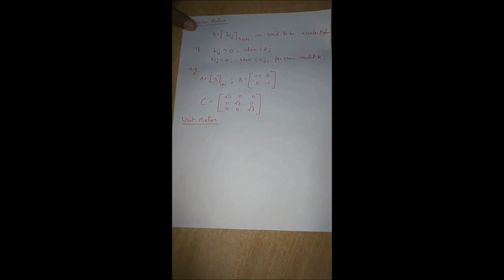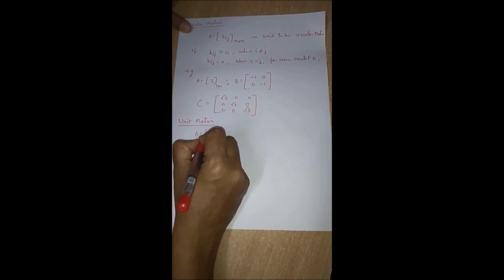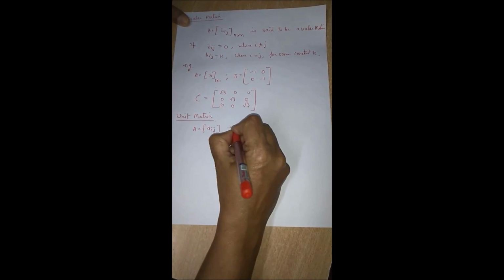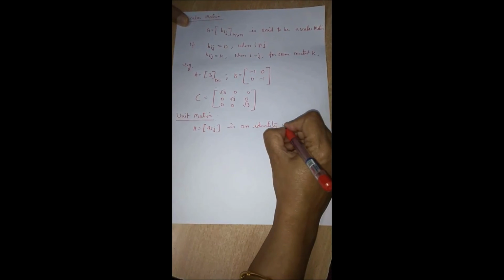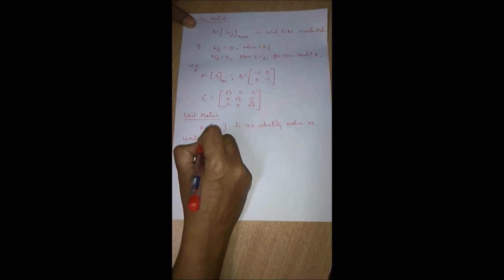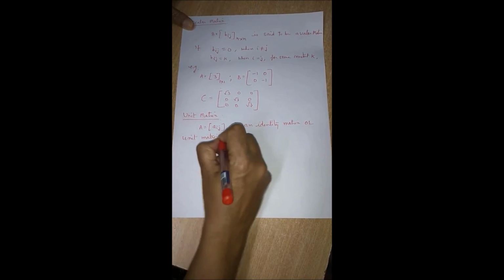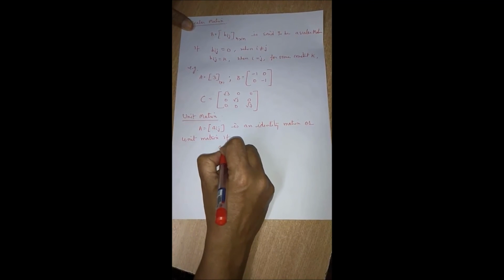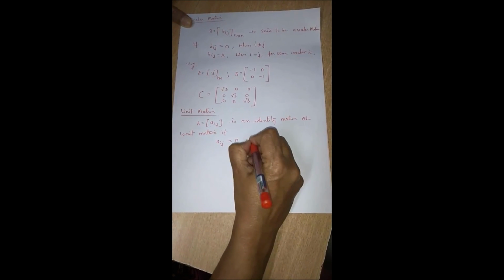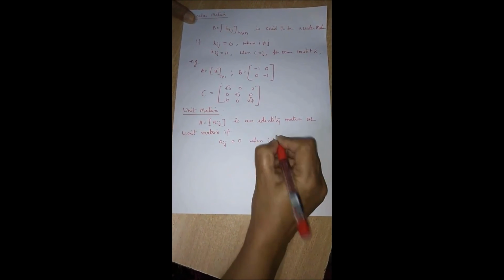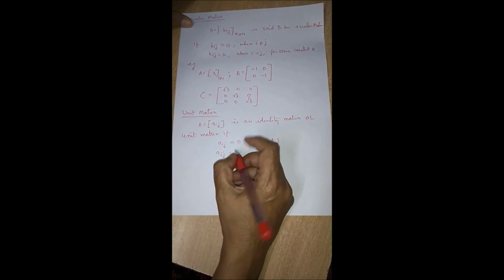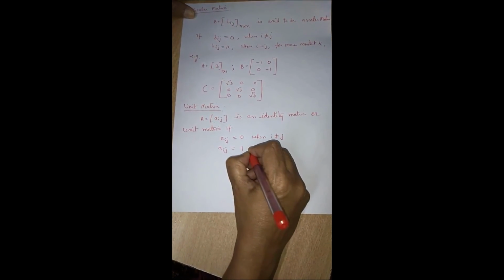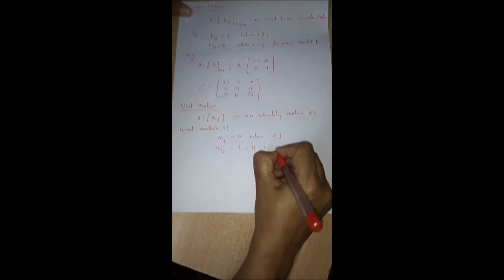In other words, the square matrix A equals Aij is an identity matrix or unit matrix if Aij is equal to 0 when i is not equal to j, and Aij is equal to 1 if i is equal to j.